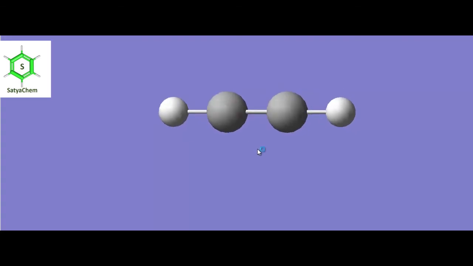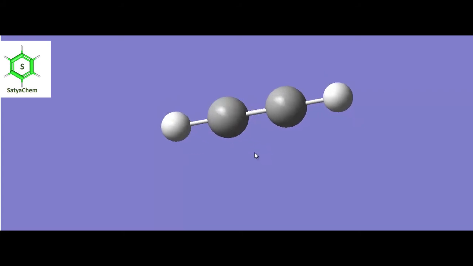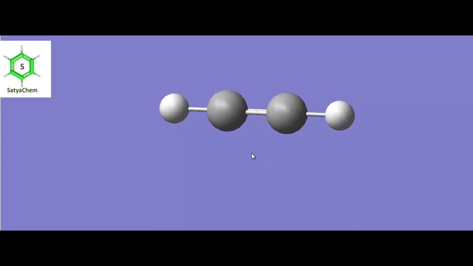Now see, this is the three-dimensional view of the ethine molecule. This ethine molecule is linear in shape. This is carbon, and these two are carbon, and this is a hydrogen atom. Now I will show you the hybridized orbitals in the ethine molecule.